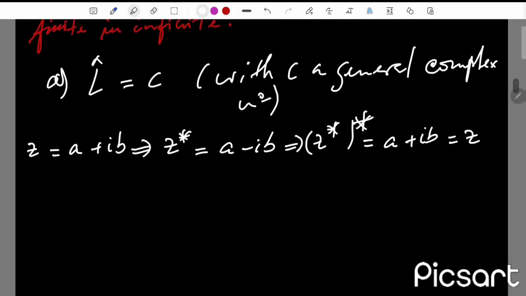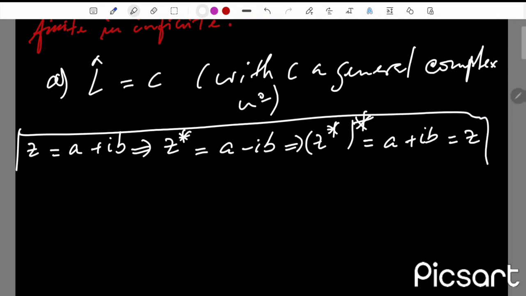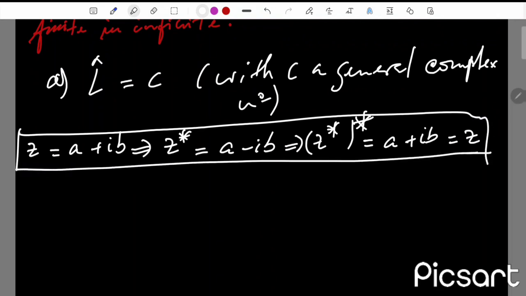This property, this definition, is very important for us because we will apply it now to obtain the conjugate operator of L if L is equal to C.